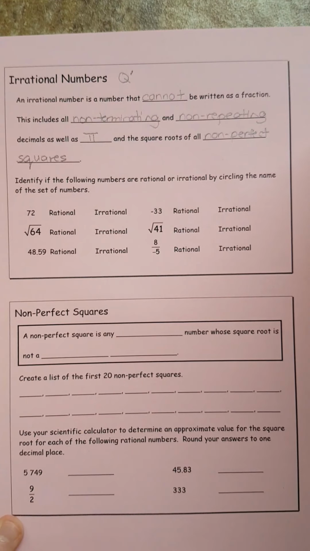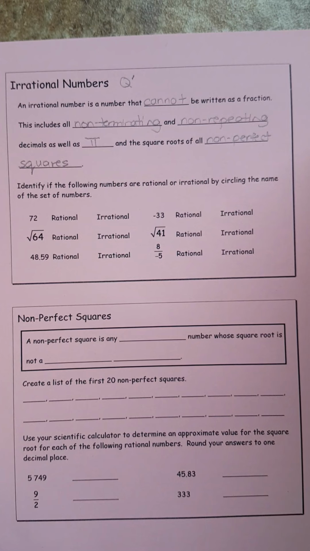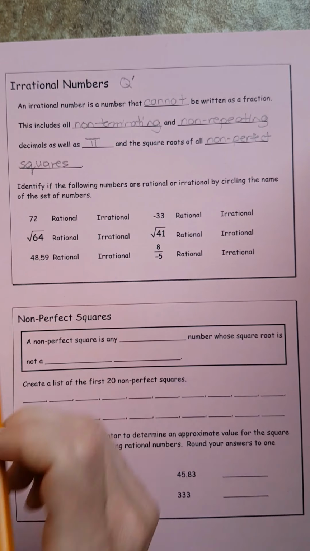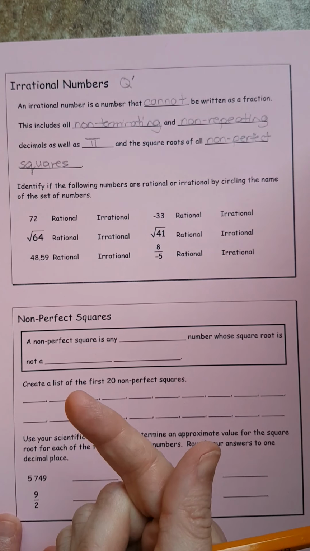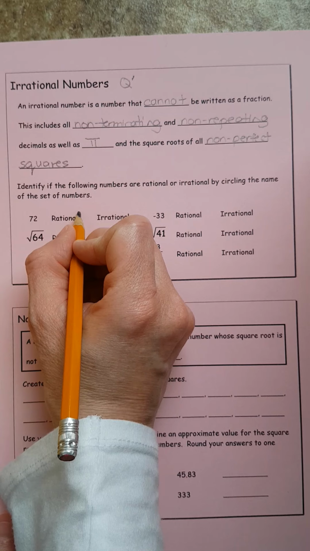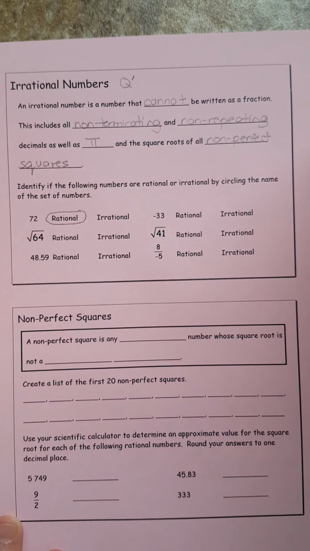So in this next section we want to identify if the following numbers are rational or irrational. So of course 72, we know that's natural, as well as a whole number, an integer, and rational, so it's rational. So we have to make sure, if possible, that we simplify these.